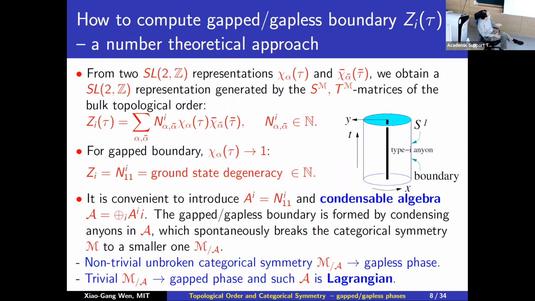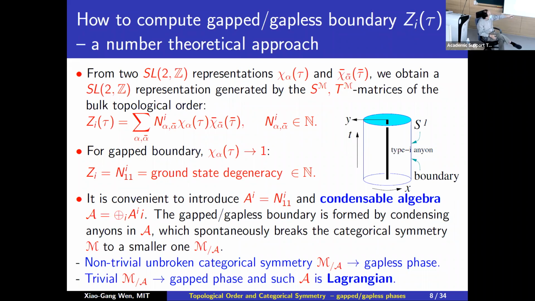Okay, so the claim is the following. I will explain those claims, but let me state the claim first. This boundary is constructed this way, coming from condensation of anyons from the bulk to the boundary. Remember, when we consider Z2 gauge theory, we say there are several boundaries. One boundary is E condensed, another boundary is M condensed, and there is nothing condensed.